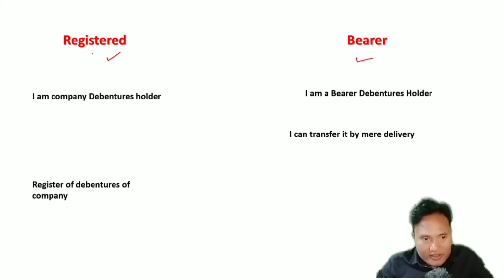The next debentures are registered debentures and bearer debentures. Now, what do you mean by registered debentures? Registered debentures are those debentures where the debenture holder's name is completely recorded or registered in the register of the books of the company. It means, for example, Mr. Y has invested money in the form of debentures.